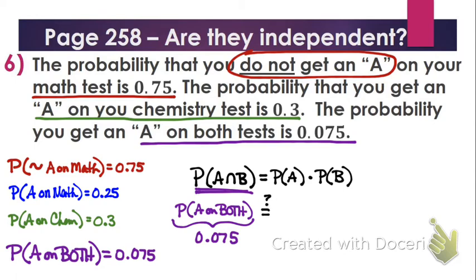Is that equal to the probability of A? What would we have for this one? 25%. The probability of A on our math test, which we said was a 25% chance, so 0.25.